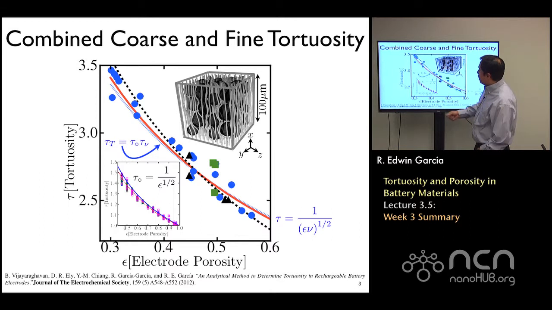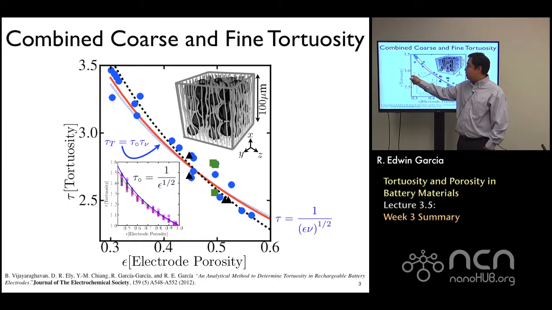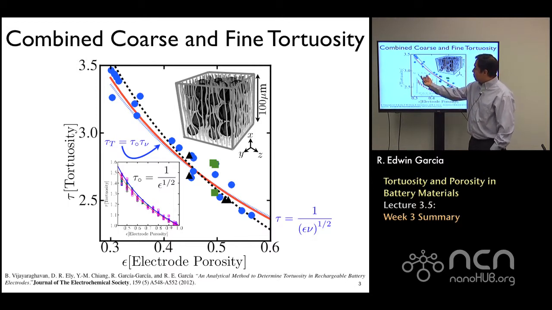As a result, we found that the total tortuosity of the system corresponds to the product of all the contributions to tortuosity of the system. In this case, if we have a binary system, it corresponds to the product of the tortuosity of the active material particles and the tortuosity in the electrode itself.